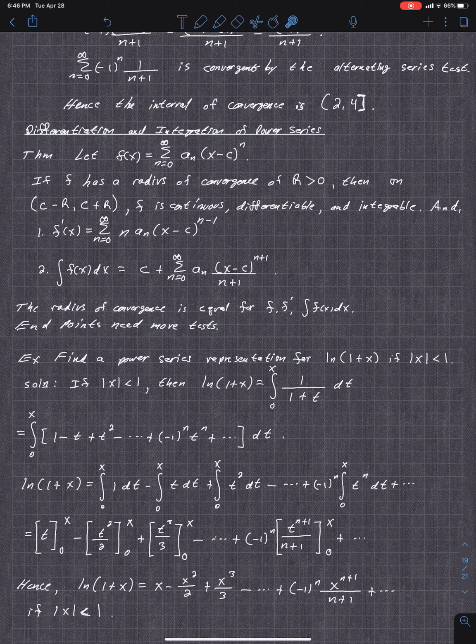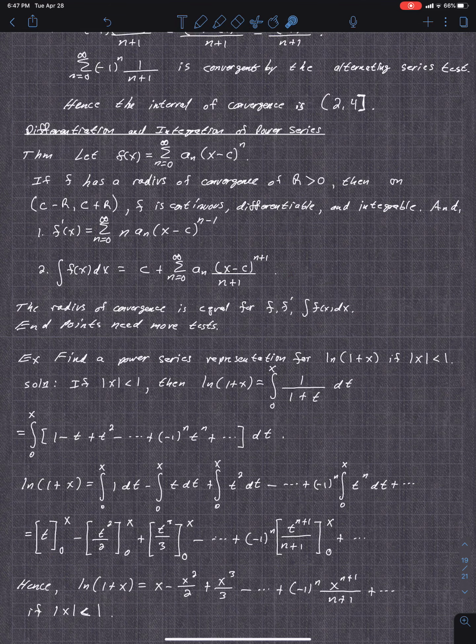The claim, and there's no proof to this, but it's not too bad probably, is that F is continuous, differentiable, and integrable. And furthermore, you get what it is: F prime is this, and the antiderivative, the integral of F, is this. You get an arbitrary constant, of course. They put this in front just to not confuse it with terms over here.